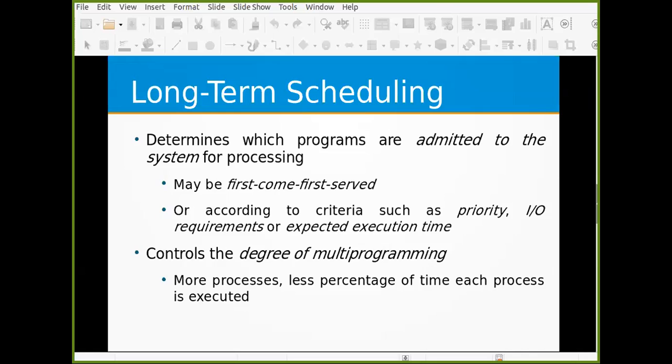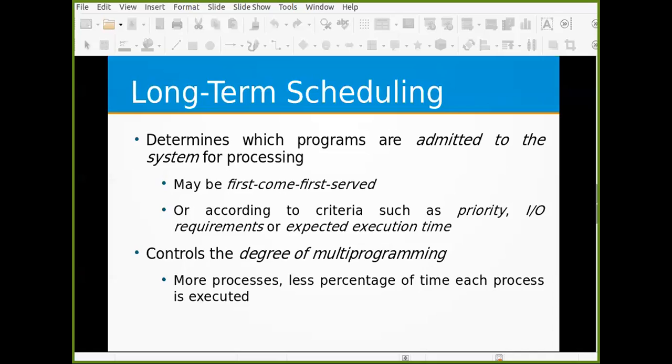Because if you allow more processes to enter the system, less percentage of time each process will be executed. Definitely, there is a single processor, and if there are more processes, then less amount of time from that processor will be given to each of these processes. So this long-term scheduler is there to control degree of multi-programming.